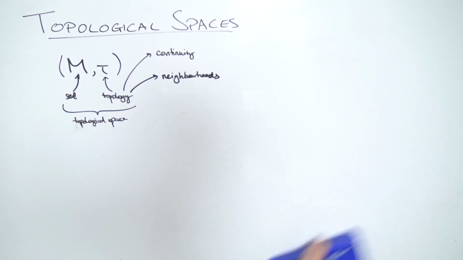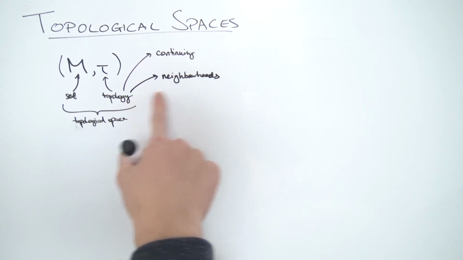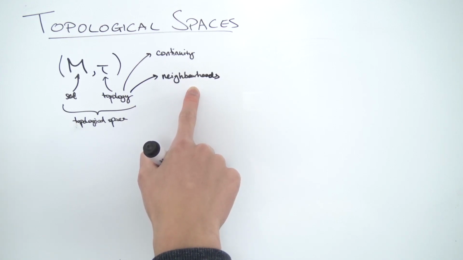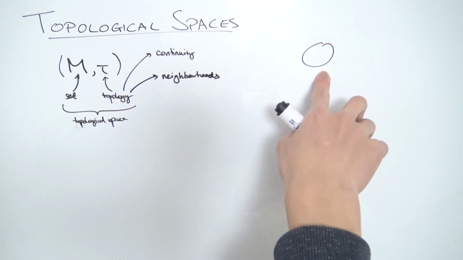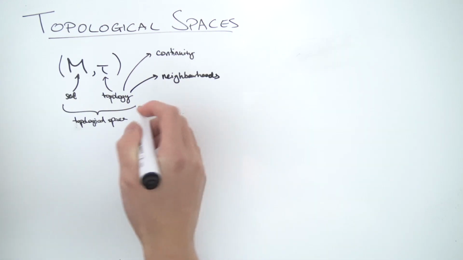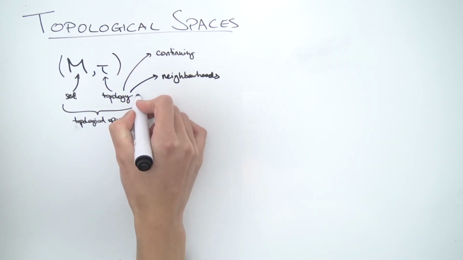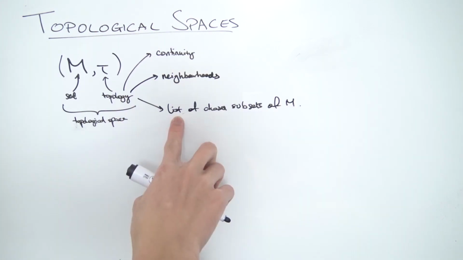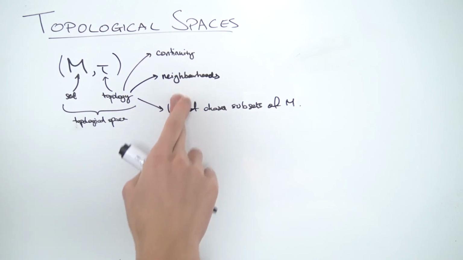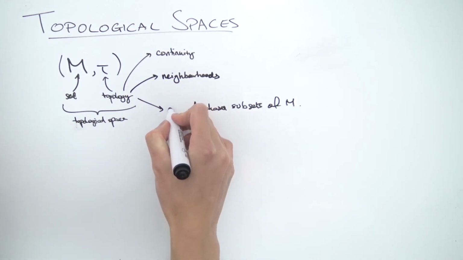Okay, so enough motivation. Let's jump into some definitions. So a topology, we know it gives rise to neighborhoods. And the way we define neighborhoods, you might notice I drew these little circles over here. Think about those circles as subsets. So this topology, you can think about it as a list of chosen subsets of M. And in particular, what do I mean by a list? By a list, I mean precisely a set.